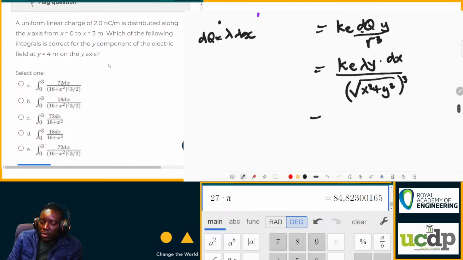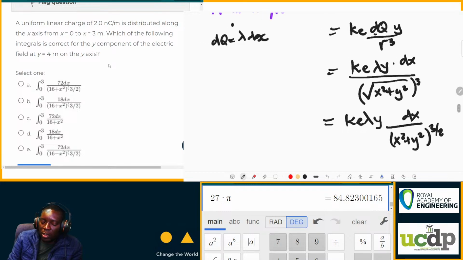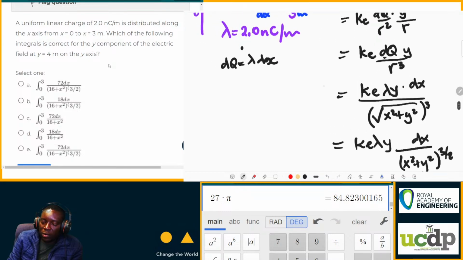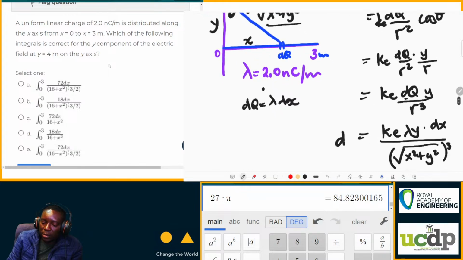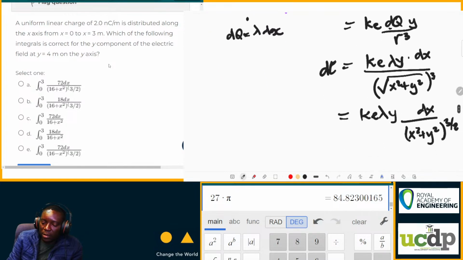So this is Ke lambda y dx over x squared plus y squared to the power 3 over 2. And Ey will therefore be the integral of that.